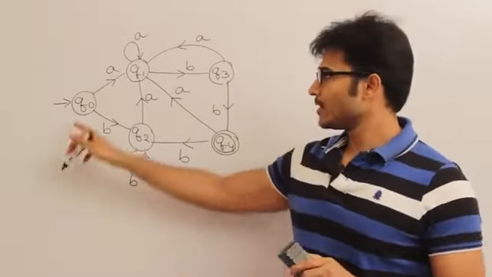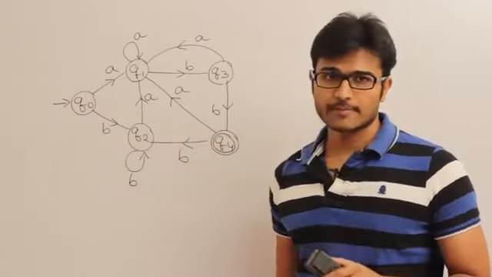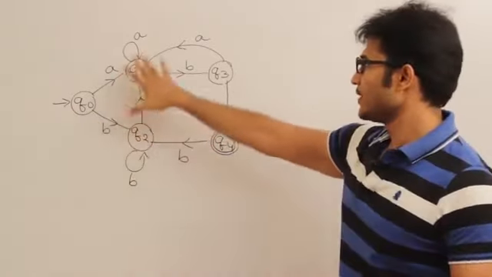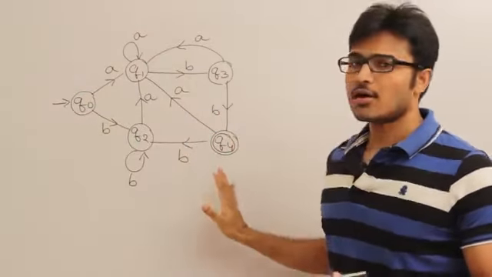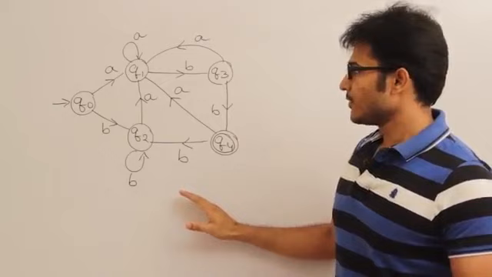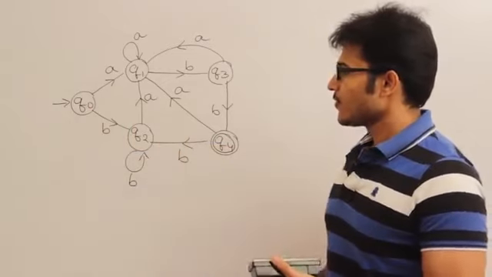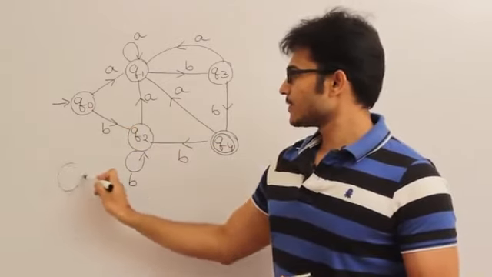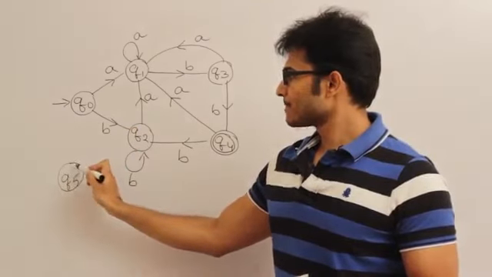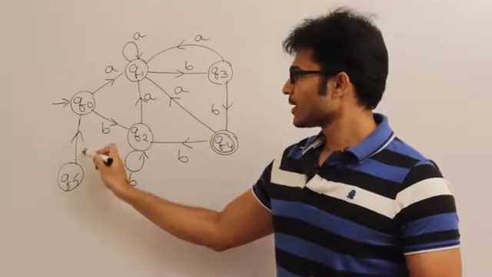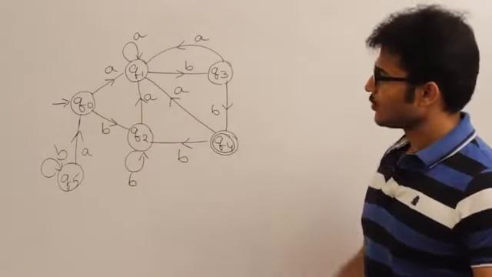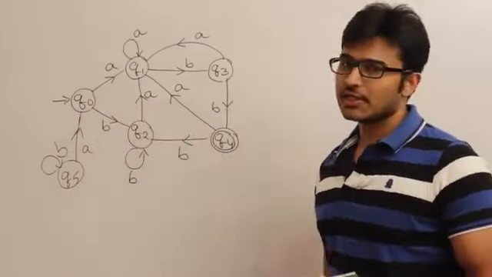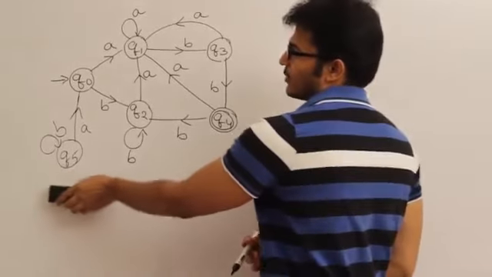First step is identify the start state and identify the final state. Now in this DFA, if there are any states which are unreachable or inaccessible, for example a state like Q5 with transitions on A and B, to which we cannot reach from the initial state, then we have to delete it.